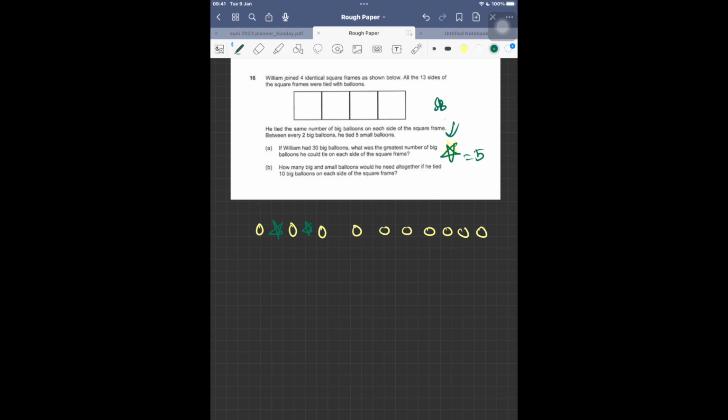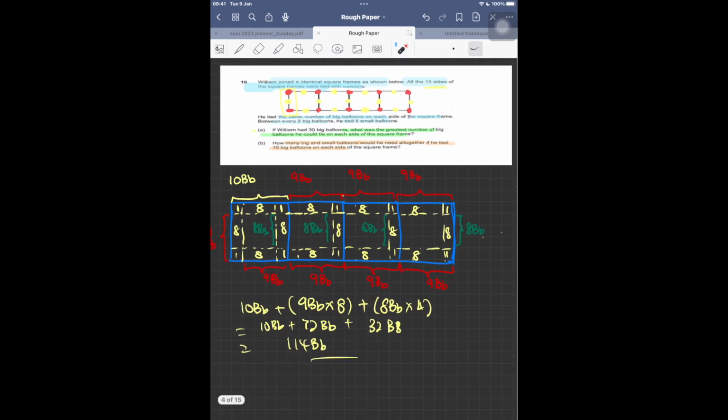So in between, I will have how many stars? 1, 2, 3, 4, 5, 6, 7, 8, 9. Okay? I will have 9 stars.